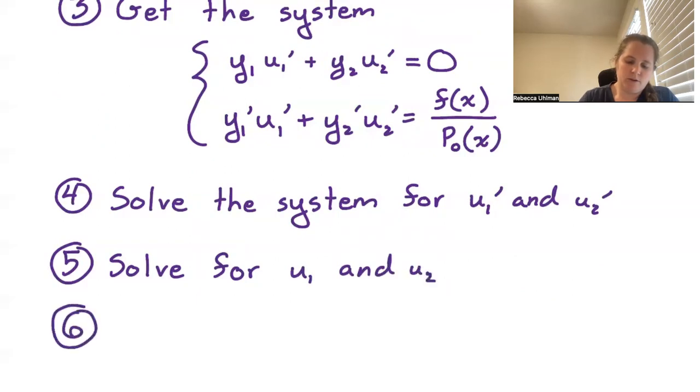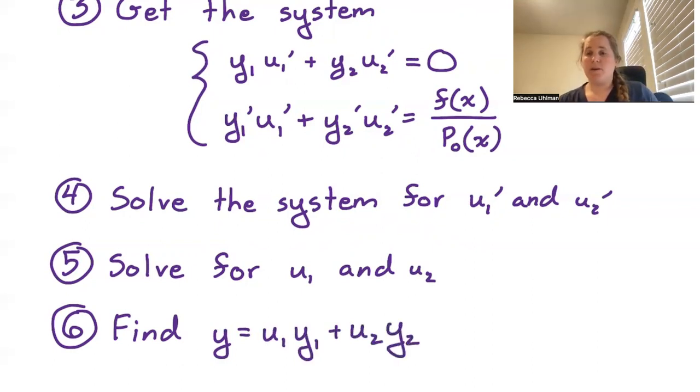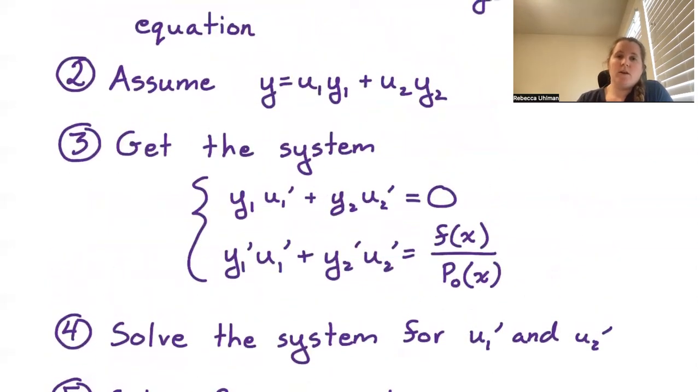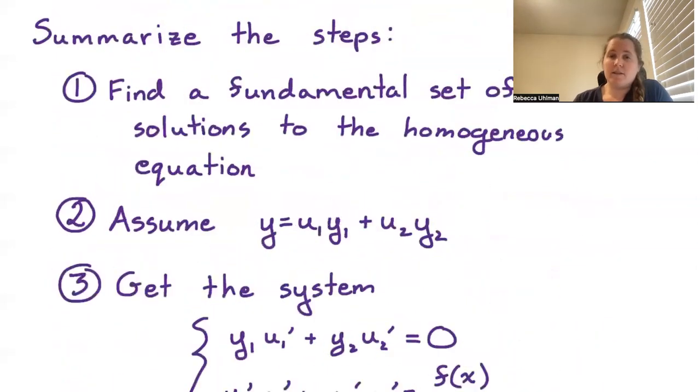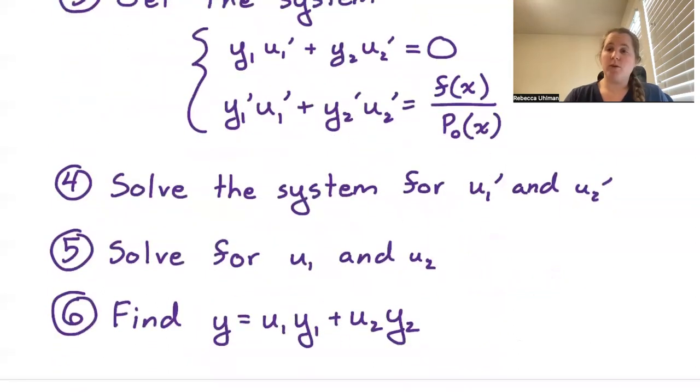And then we finish off by finding y equals u1 y1 plus u2 y2. I was going into the theory of where this system of equations comes from. You do not need to rederive this system every time. You are welcome to just jump straight to the system of equations and then solve it. So in the next video, we will do an example of just that.